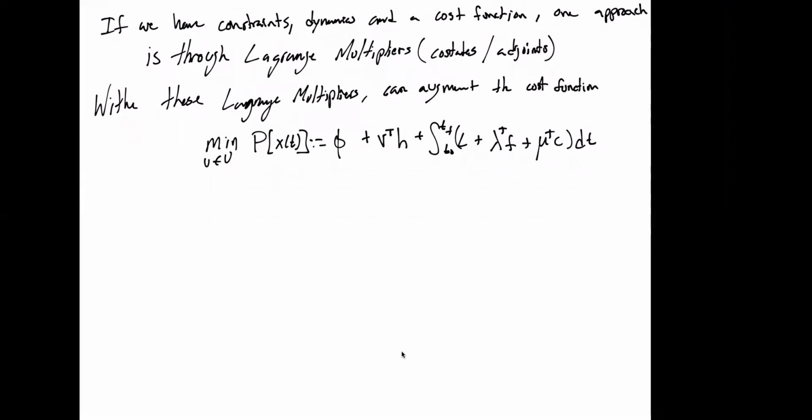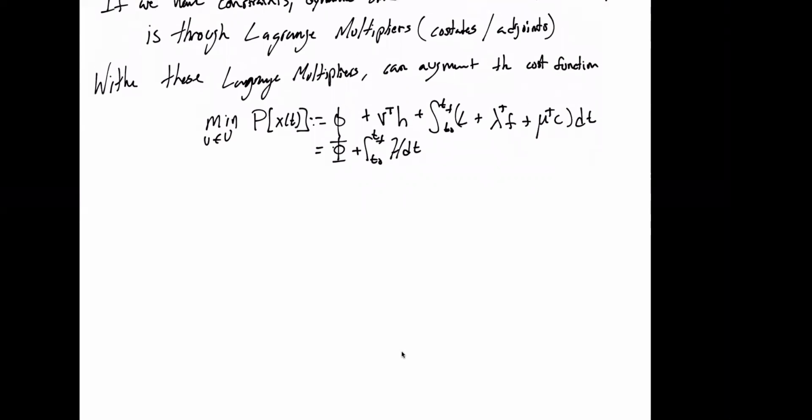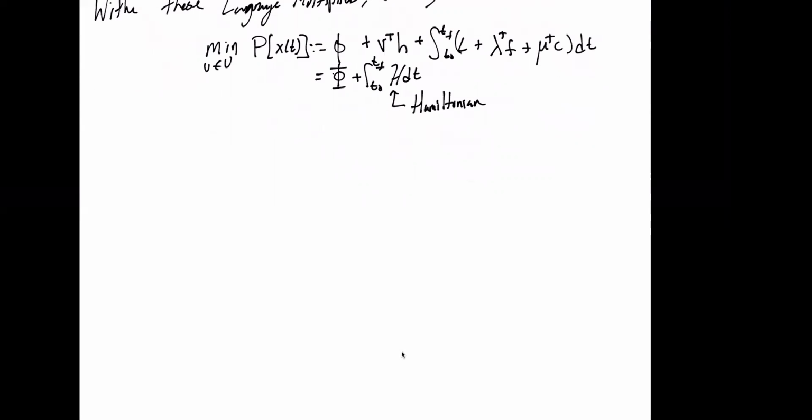And then we can also write this as capital phi plus the integral from t naught to tf of calligraphic H dt, where this calligraphic H is called the Hamiltonian.